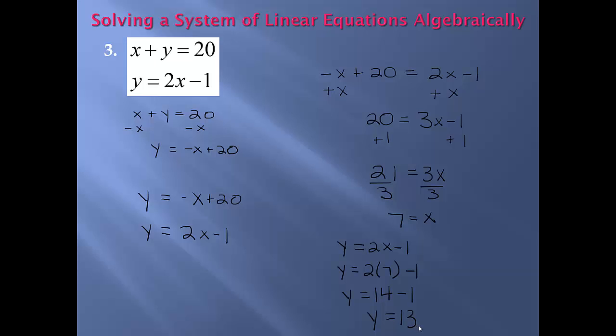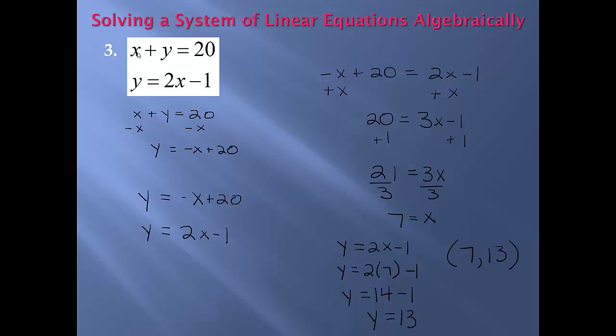So we know that the solution to this system of linear equations would be 7, 13, because my x value is 7, and my y value is 13. This means that if I plug in 7 to each of my equations, I'm going to get that y equals 13.